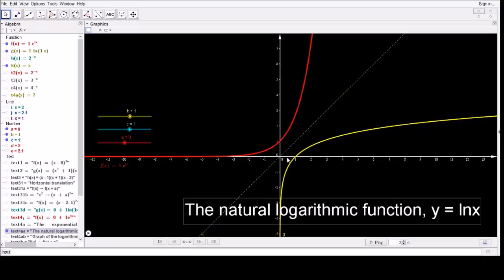As x approaches 0, you can see that the yellow curve decreases in value very rapidly. The y-axis is a vertical asymptote to the natural logarithmic function. And as x approaches positive infinity, y will also approach positive infinity, but quite slowly.